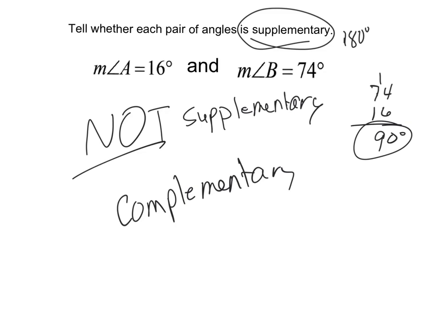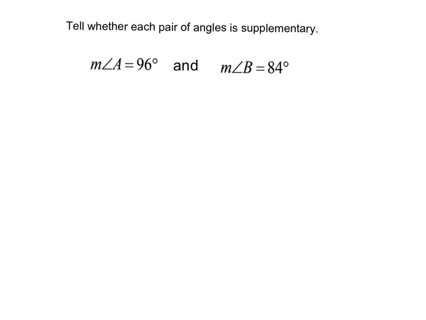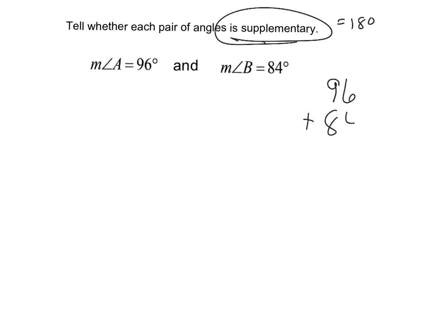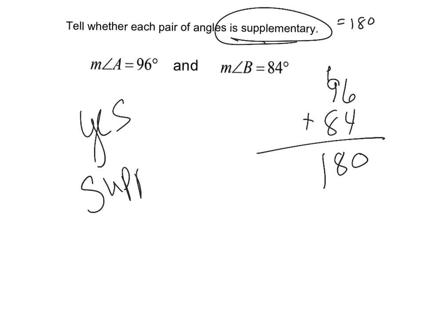Is that what you got? I sure hope so. Okay, and this is your last one. You do it and see if you get it right. I added them together and I got 180 degrees. So yes, they are supplementary.